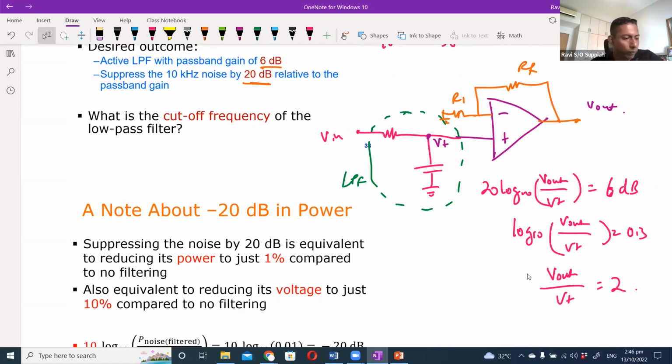So the gain of V out over V plus will be equal to 2, which means that this part over here, which is 1 plus RF over R1, will be equal to 2.